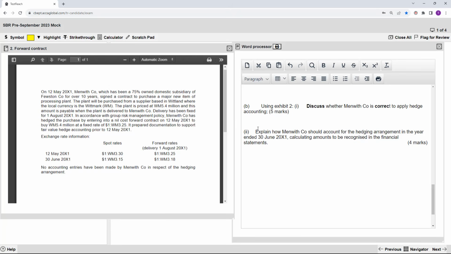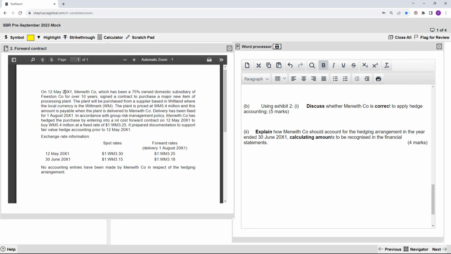The second is explain how they should account for the hedge and calculate some amounts to be recognized. So that's quite a lot, but mind you, it's 9 marks. If it's 9 marks, that's 17 or 18 minutes, something like that. You've got a bit of time.